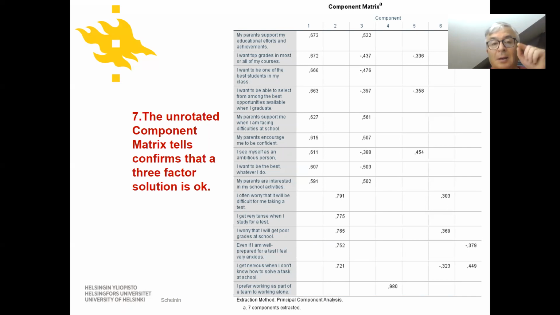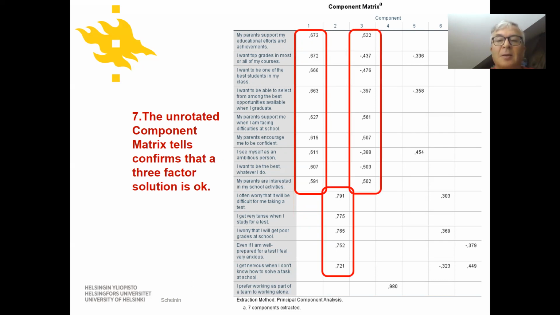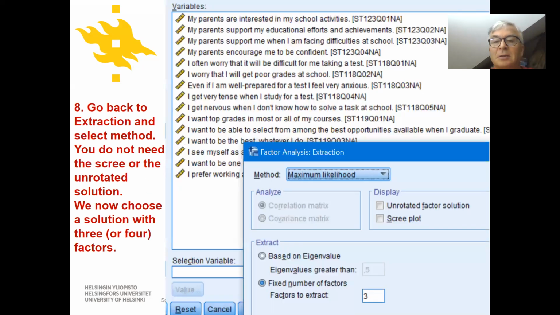Then we tick the box with the unrotated solution, and here you can see already that there's something going on. So you have those items indicate that we have a first component, a second component, and something of a third component, and then a little bit of noise.